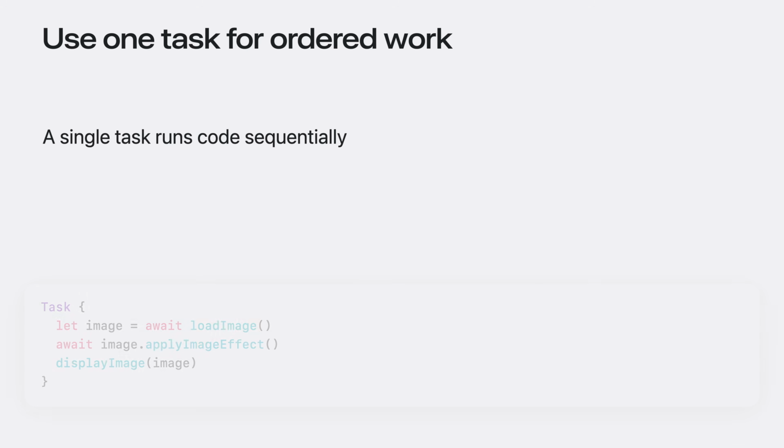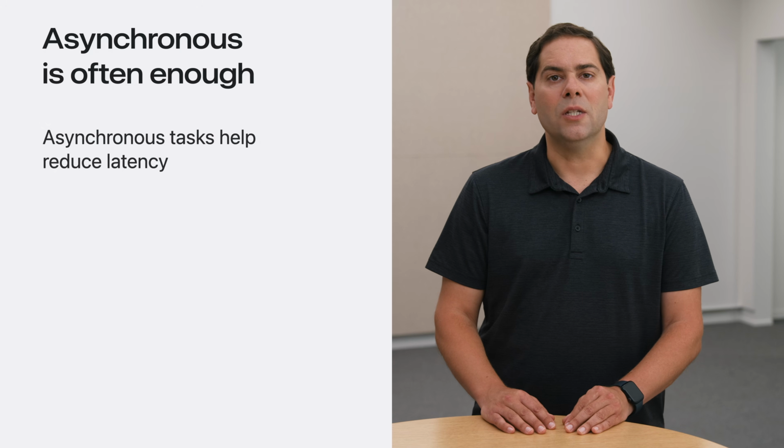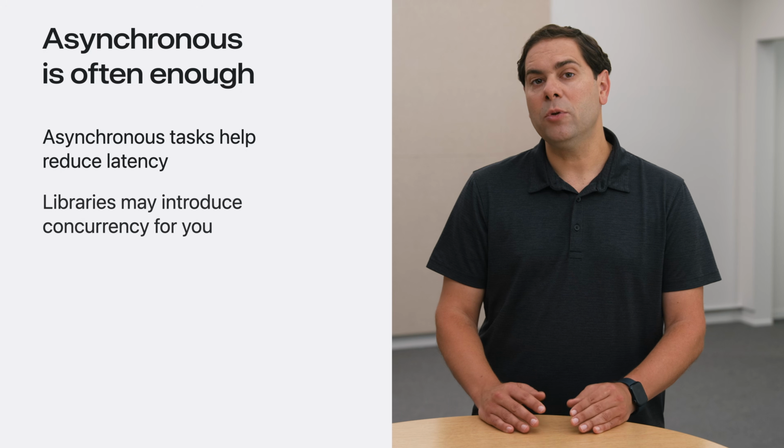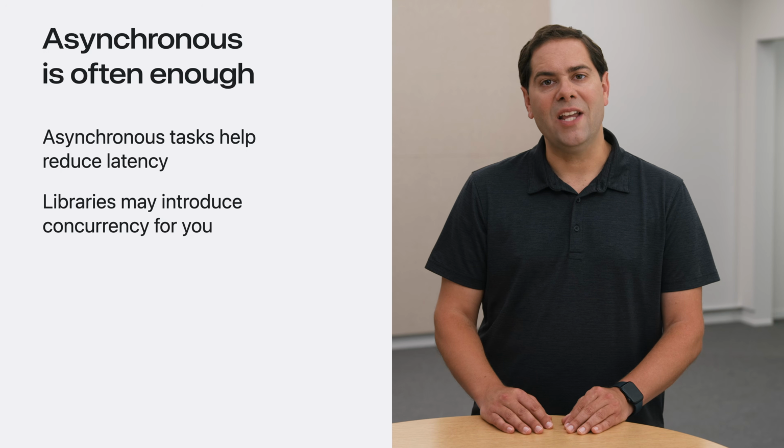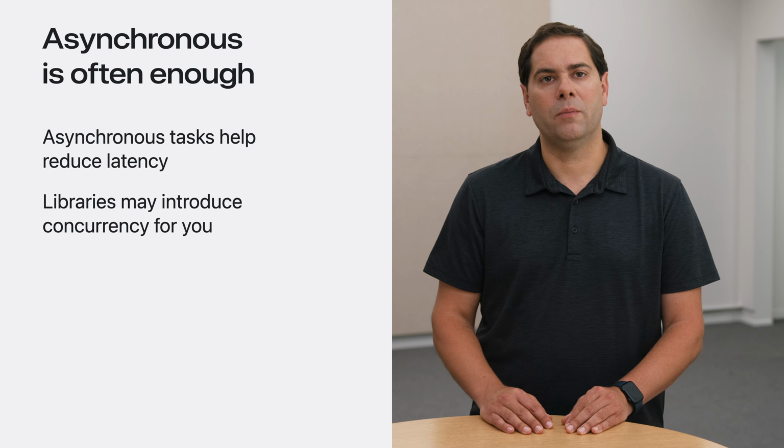When you need to perform work in a specific order, you should run that work in a single task. To make your app responsive when there are high latency operations like a network request, use an asynchronous task to hide that latency. Libraries can help you here by providing asynchronous APIs that might do some concurrency on your behalf, while your own code stays on the main thread.